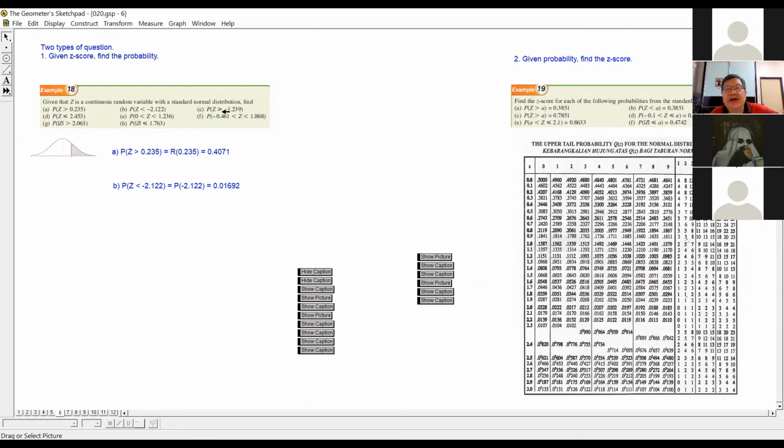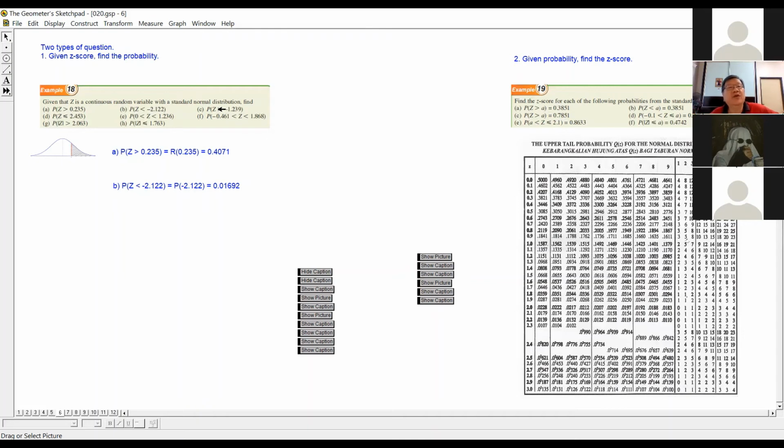Probability of Z greater than or equal to. Now, whether it's greater than or equal to or no equal sign, it's still the same. You just type the value and find the answer. You see here question A and question B have no equal sign. Question C has equal sign. One of the characteristics of normal distribution is that whether there is equal sign or no equal sign, the probability is the same.